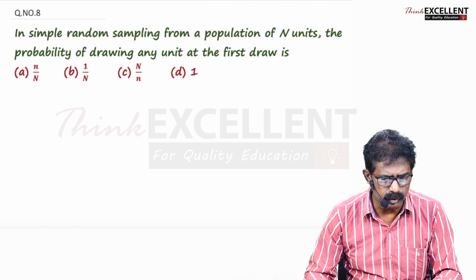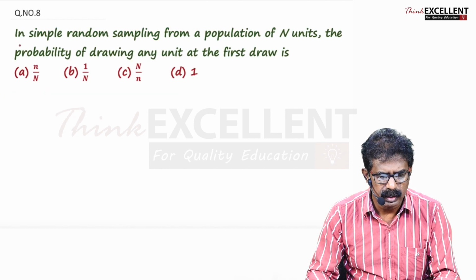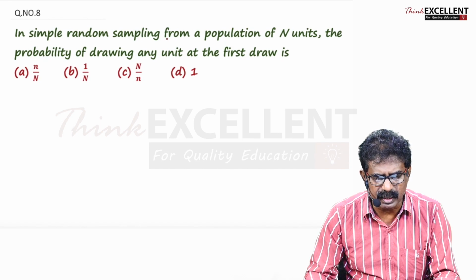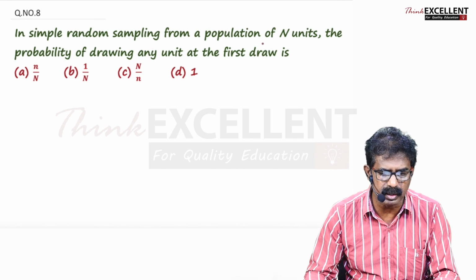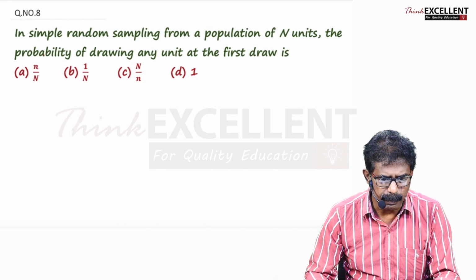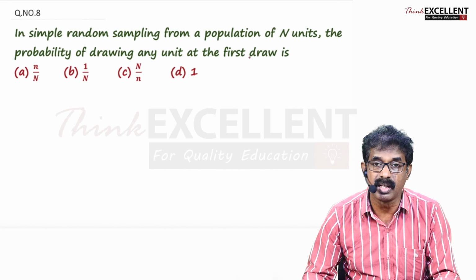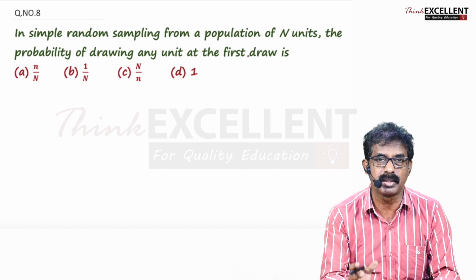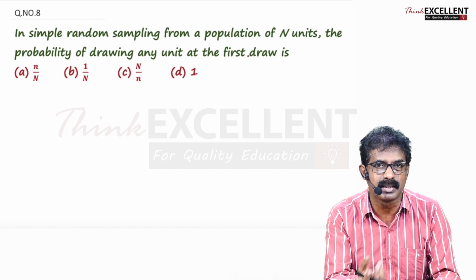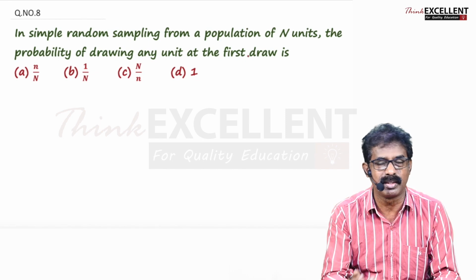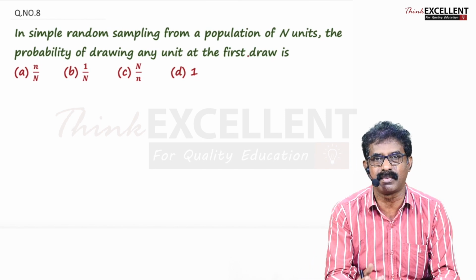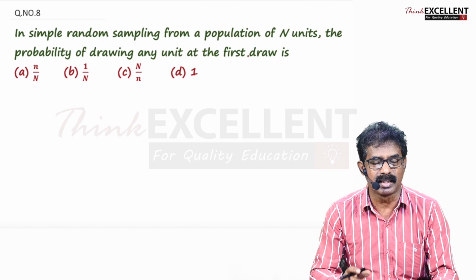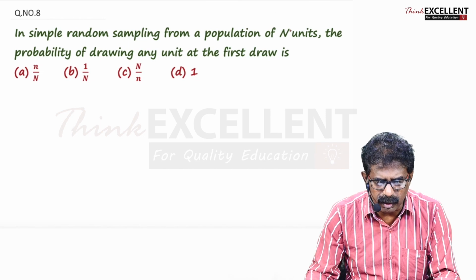Now let's move on to question number 8. In a simple random sampling from a population of n units, the probability of drawing any unit at the first draw, totally there are n objects. Suppose assume there are 5 objects. What is the probability of selecting one? 1 by 5, right? You are throwing a die: 1, 2, 3, 4, 5, 6. What is the probability of getting a 5? 1 by 6, right? So here there are n observations.